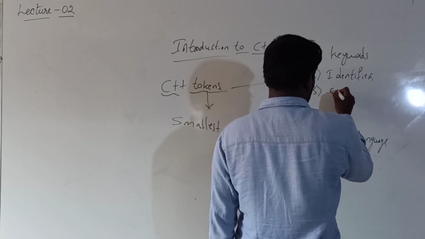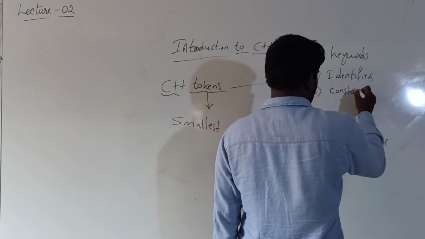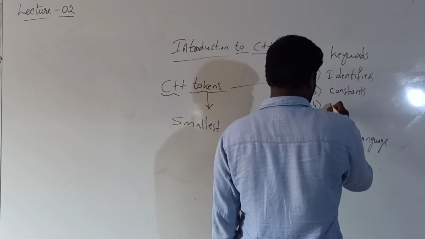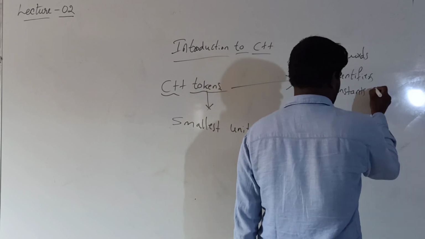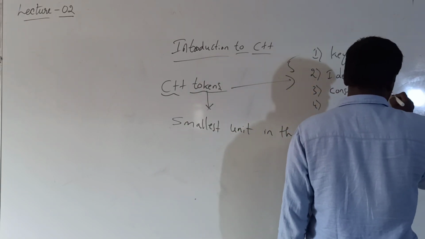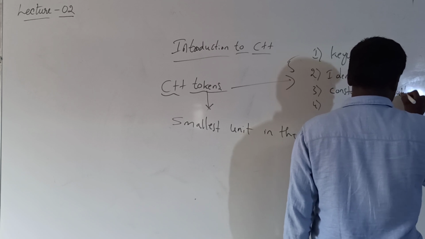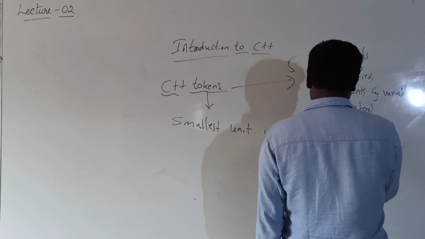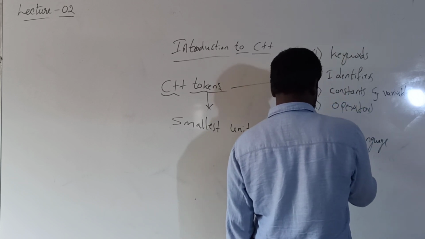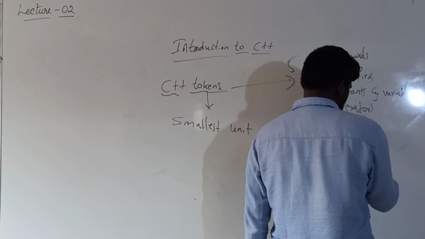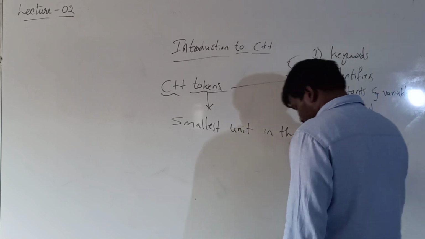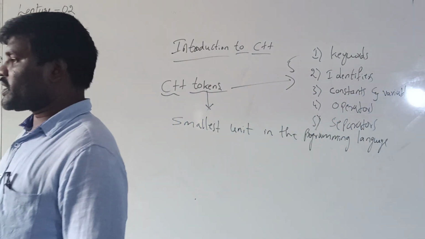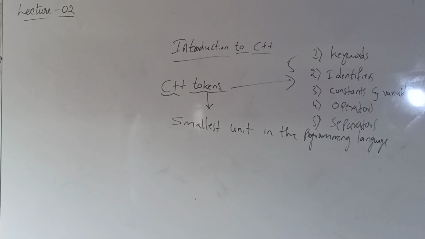Third one is constants. Fourth one is variables. Sorry, third one is constants and variables. Fourth one is operators. Fifth one is separators. So there are 5 types of C++ tokens.